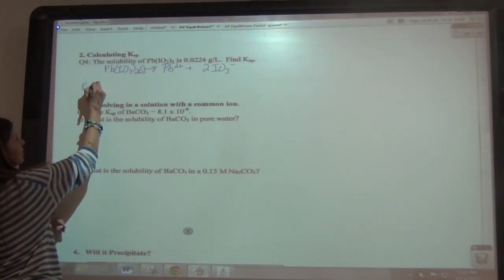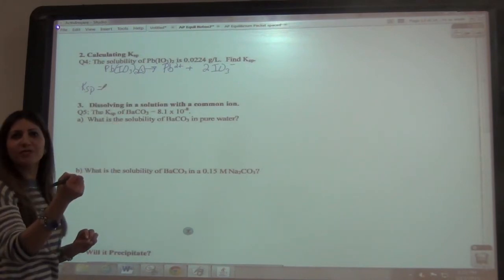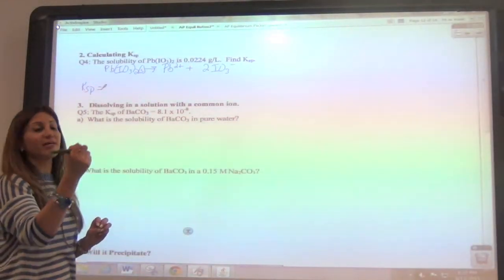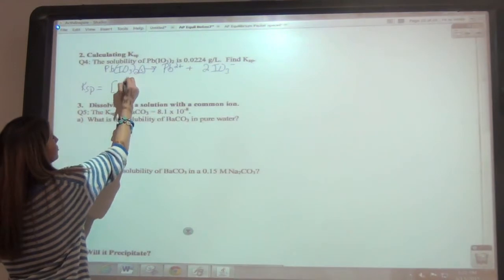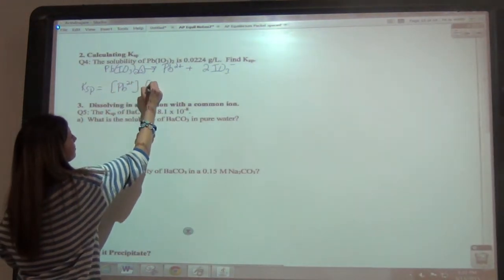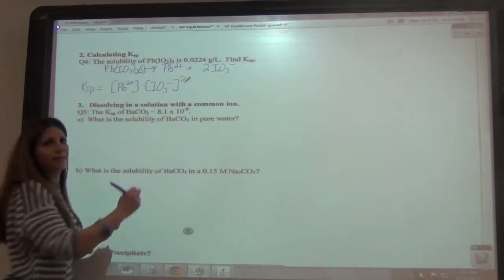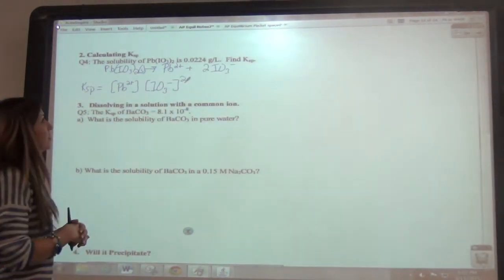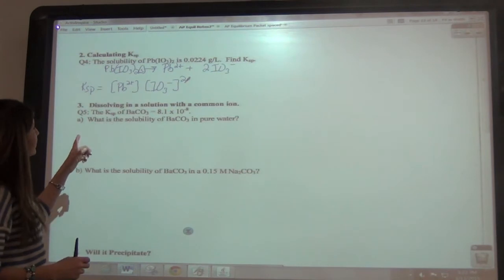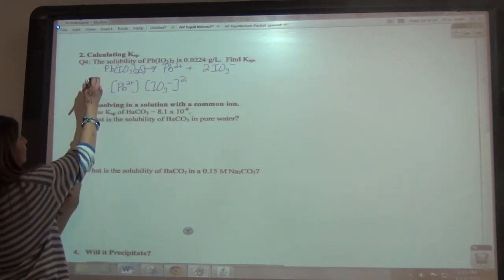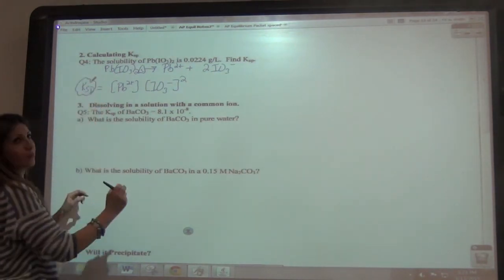So Ksp is equal to, remember you're only writing concentration of what? Products, perfect, only the products. So we've got Pb2 plus times IO3 minus squared. Good? So now they're telling us we want to know what the Ksp value is. Okay, we're looking for Ksp.